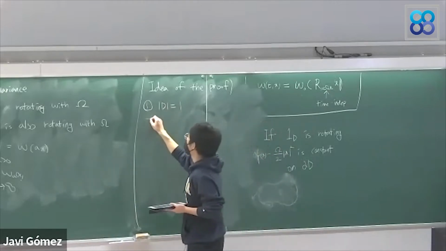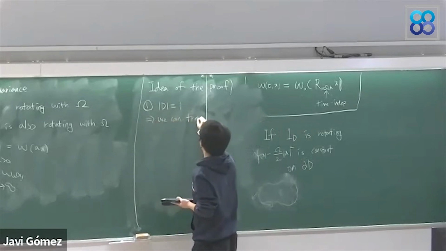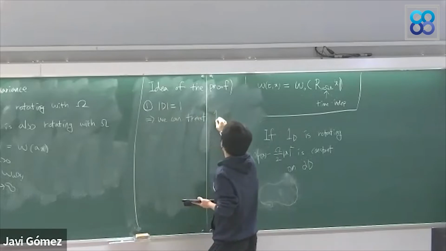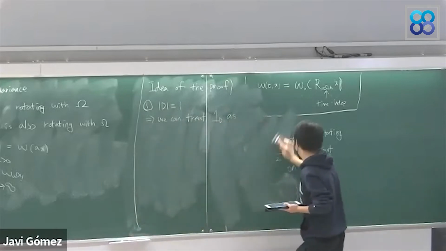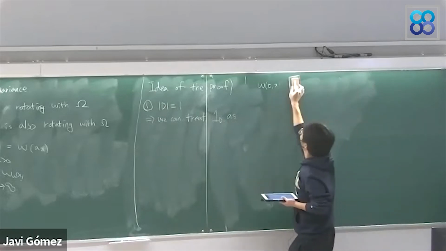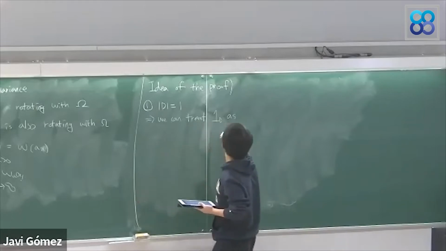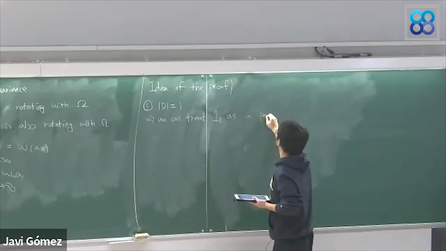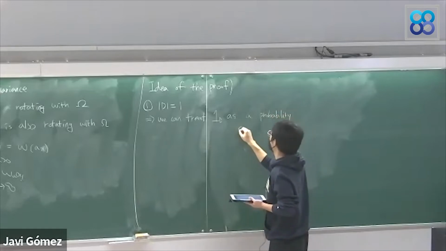That means that, given a rotating solution, we can treat it as a probability measure, a probability density.